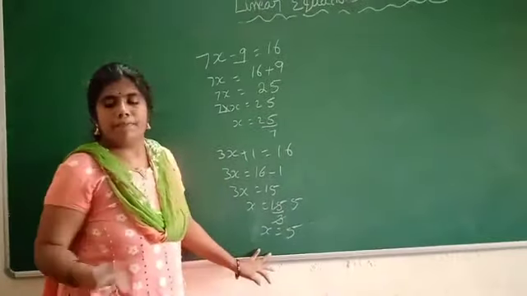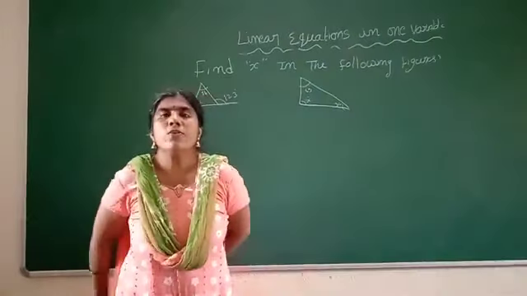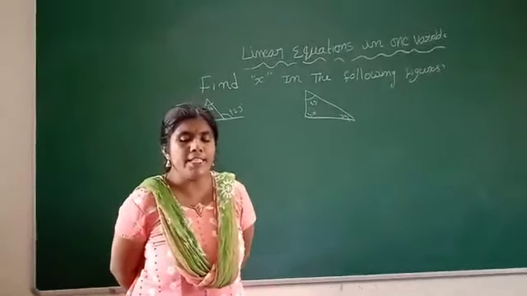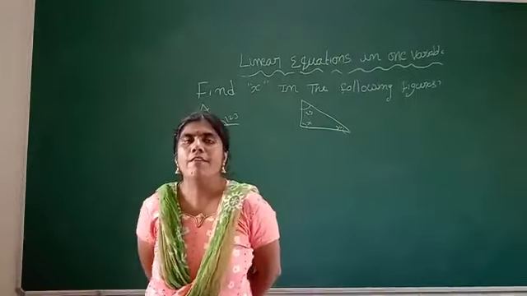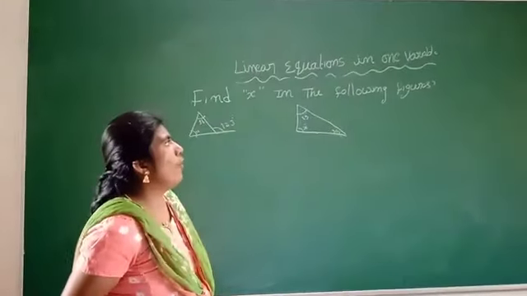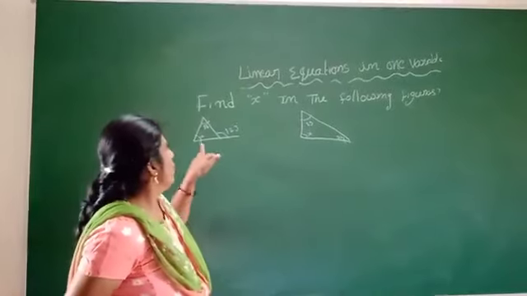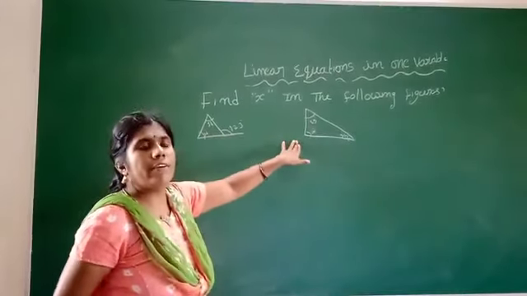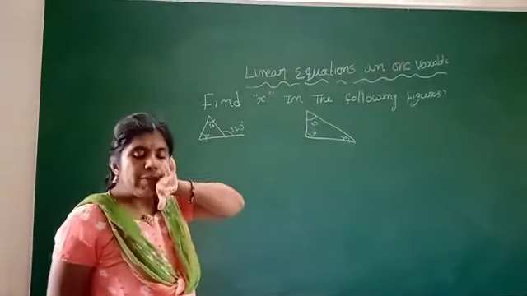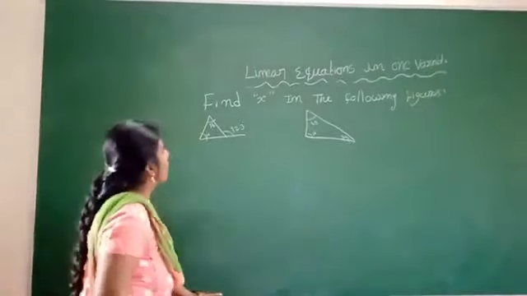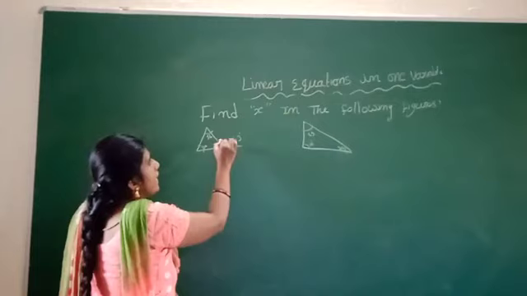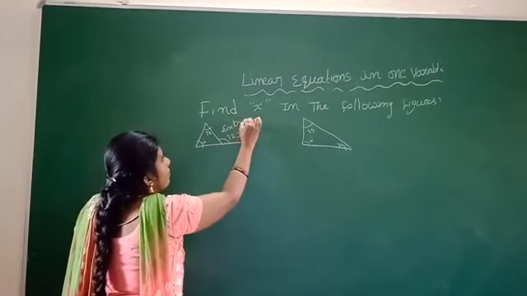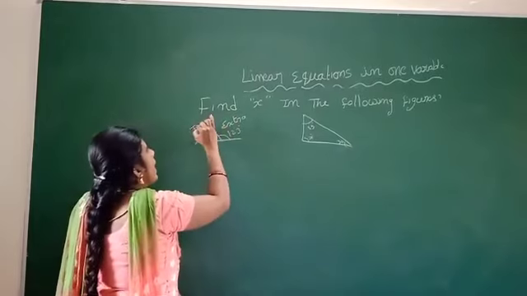Children, next, exercise 2.2. First question: find the x in the following figures. The first is a triangle. In the second, one angle is an external angle and the others are internal angles.